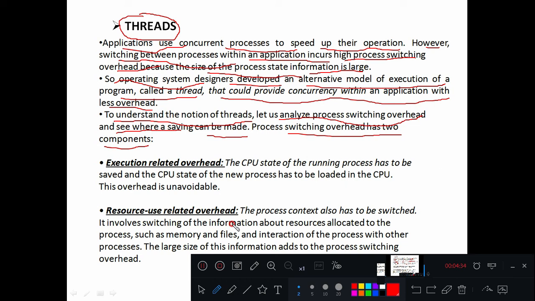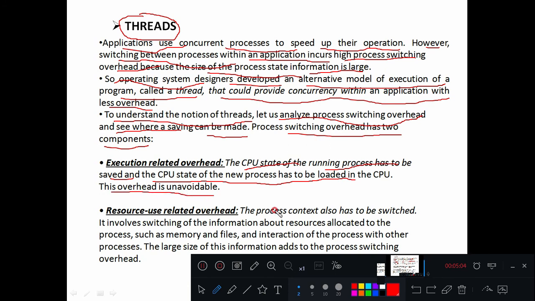When a process requests some kind of resources, what overhead does the operating system need to take care of to allocate those resources? So the overheads are classified into two types: execution related overhead and resource use related overhead. The CPU state of the running process has to be saved and the CPU state of a new process has to be loaded in the CPU.